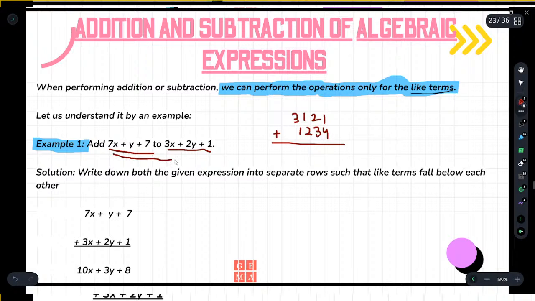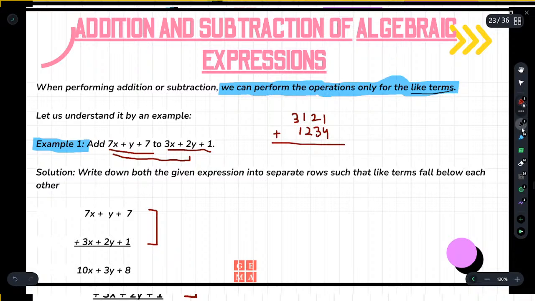Similarly, we have to write both of these in this form. The like terms will go below the terms similar to them, and then we add the coefficients.